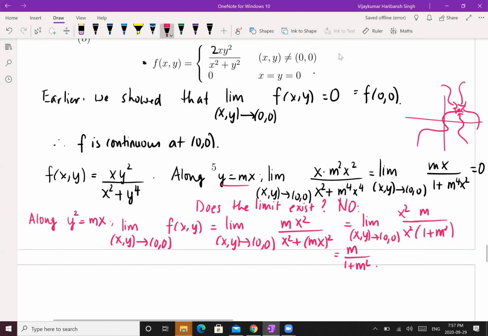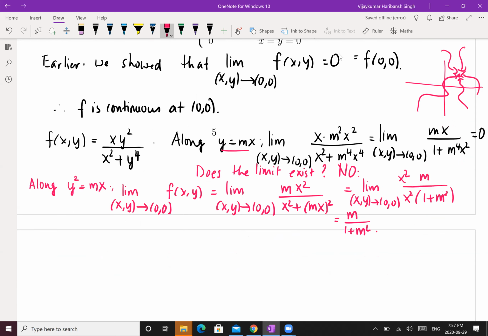So since the limit depends on the path, it does not exist.